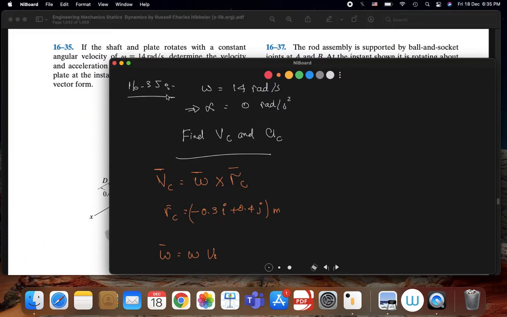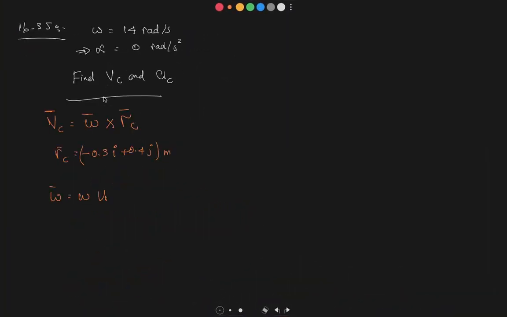So now, let's do that. So we said unit vector OA. However, this unit vector OA equals to, as we said, minus 0.3 in the i direction, plus 0.2 in the j direction, and then we have to go up a distance of 0.6 meters in the k direction, over the square root of the summation of its squared components.